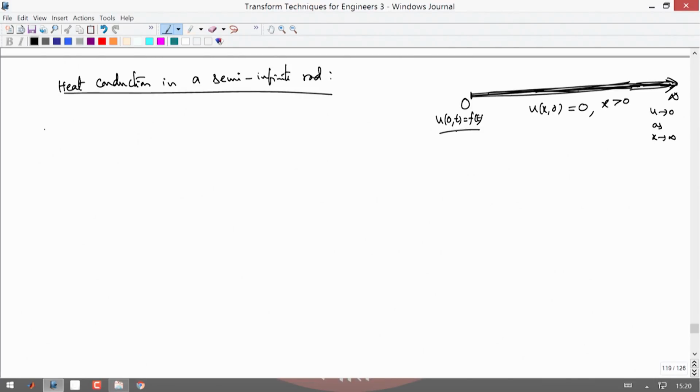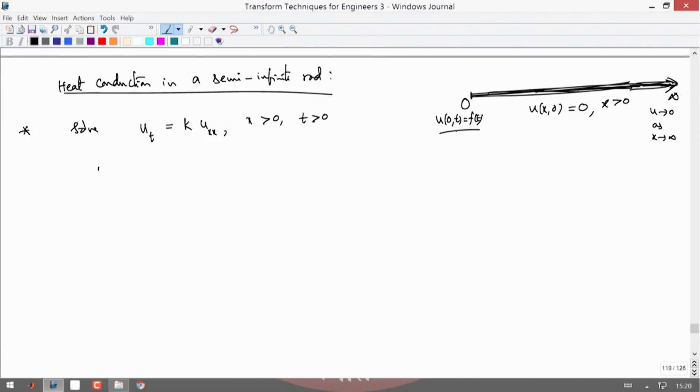So, the initial boundary value problem is to find the solution of u t equal to some k times u xx, x is positive and t is also positive, x is from 0 to infinity, t is time 0 to infinity, and you write these boundary and initial conditions.